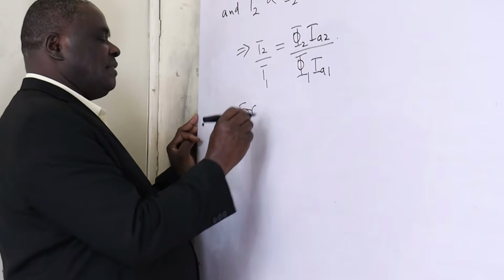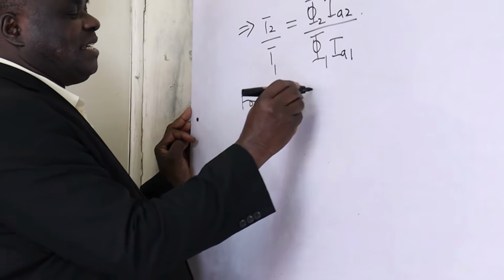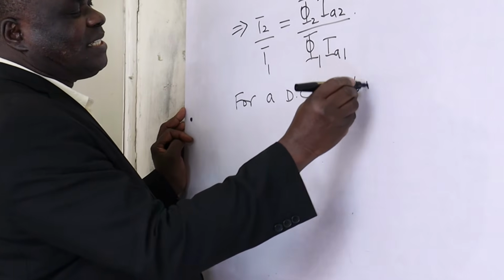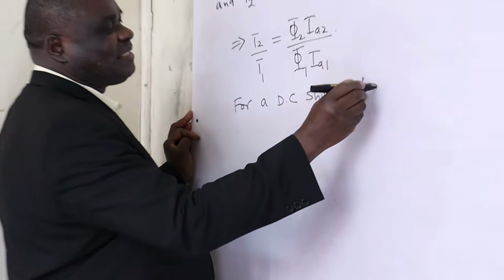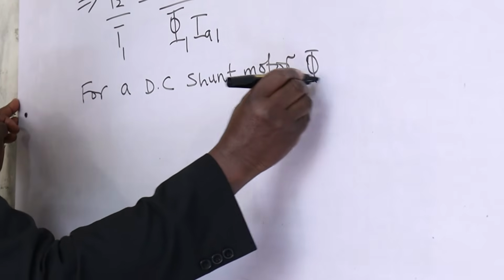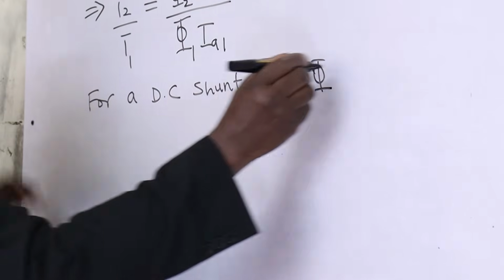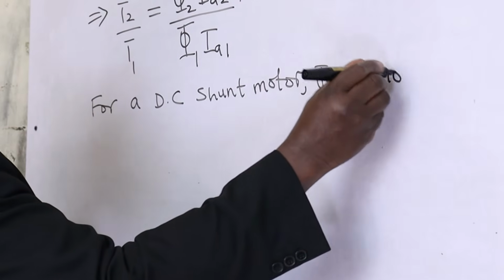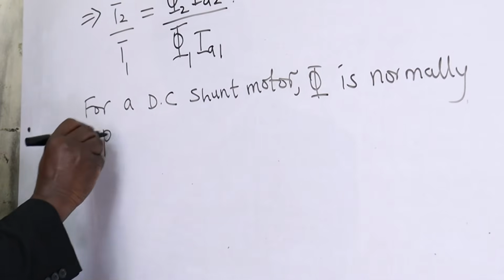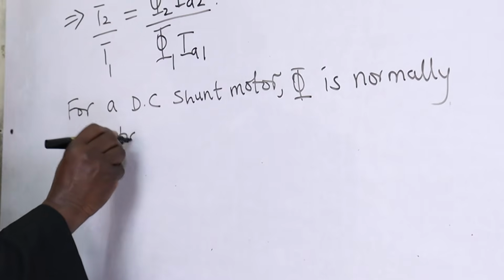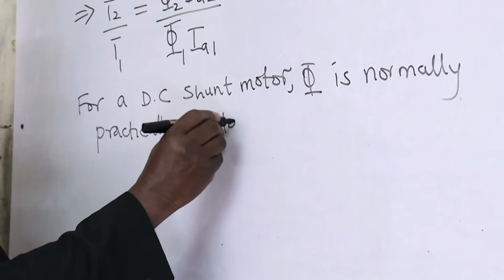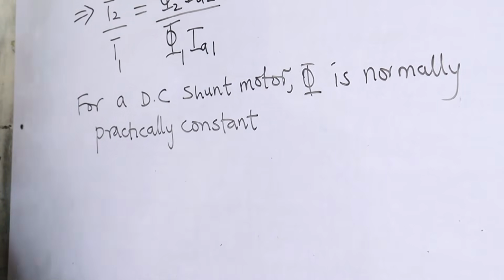For a DC shunt motor, phi is normally practically constant.